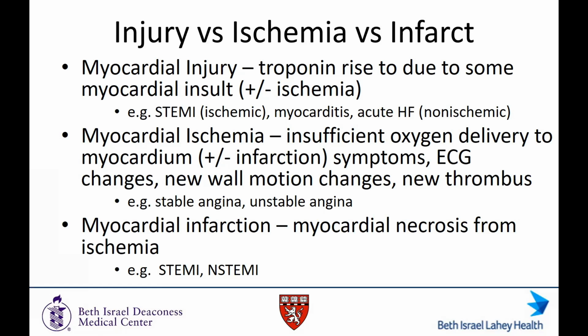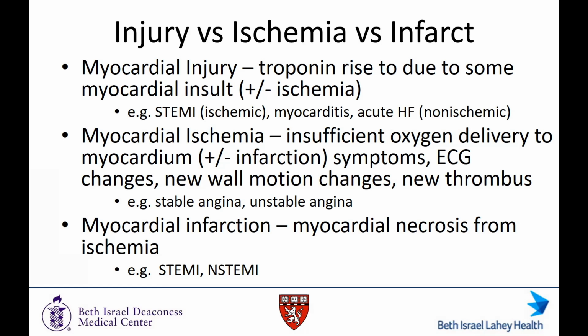Yeah, I think it's nice you put up this slide because it's one of the better or best discriminators that I've seen. But the one thing is because you have ischemic in parentheses next to STEMI, which is correct. So I look at it as that you can have ischemia with injury and you can have injury with ischemia, but you can also have injury without ischemia, right?